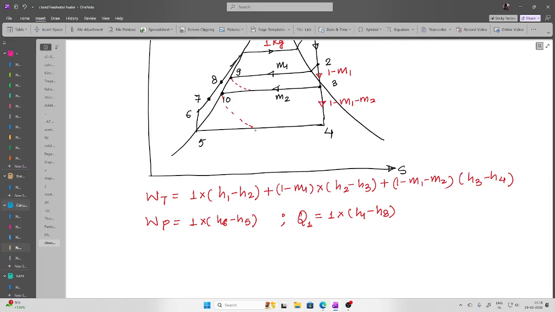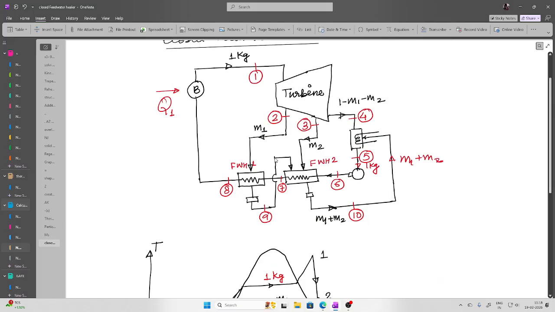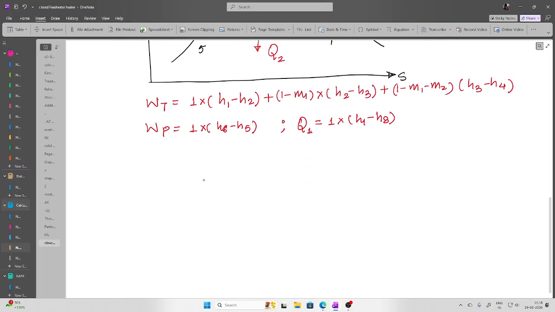Now what is the heat exiting from the condenser? If you understand this closely, this is your condenser, and you can draw the control volume. So let us draw it here.